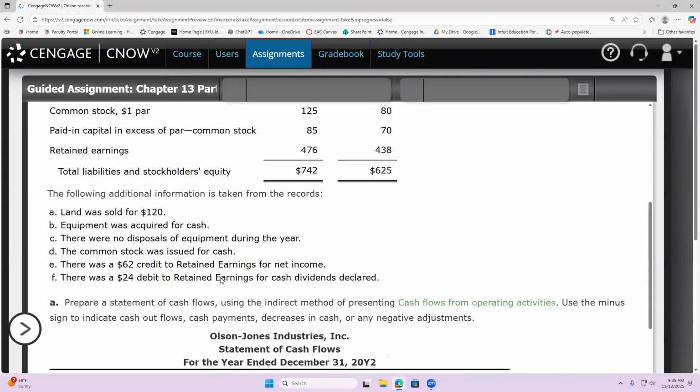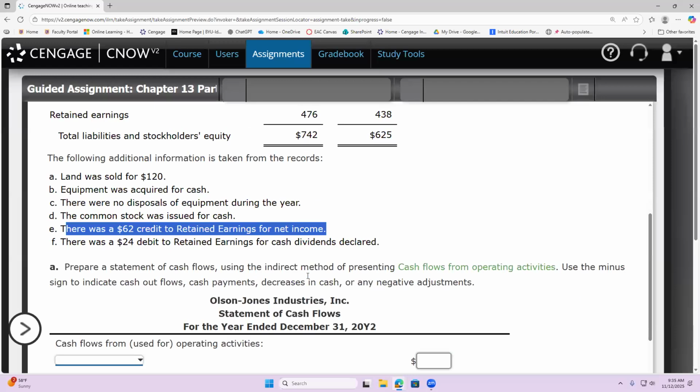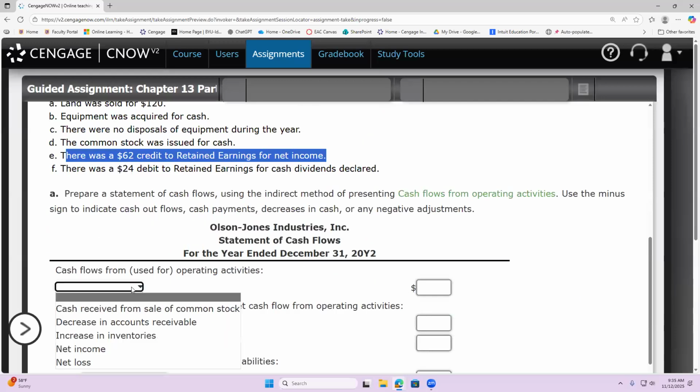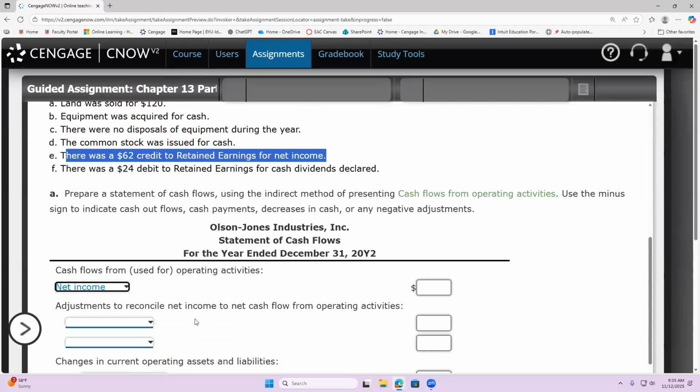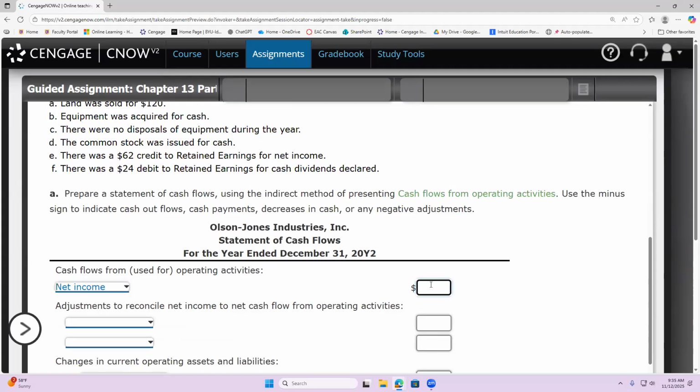Okay, so it tells us, in a bit of a dumb way, that item E says there was a $62 credit to retained earnings for net income. Why not just say they had net income of 62? Because that's the same thing. They're being nitpicky. So we're going to start with our net income, 62.